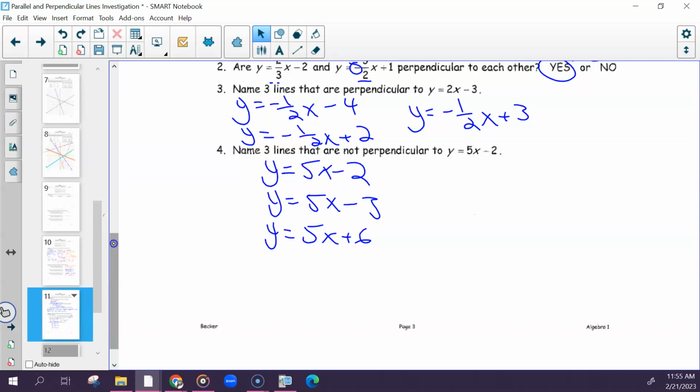But on your desk you have a set of cards for one word. I want you to match parallel and perpendicular lines together. There are two types of things. One is a graph, one is an equation. The equations go together, the graphs go together.